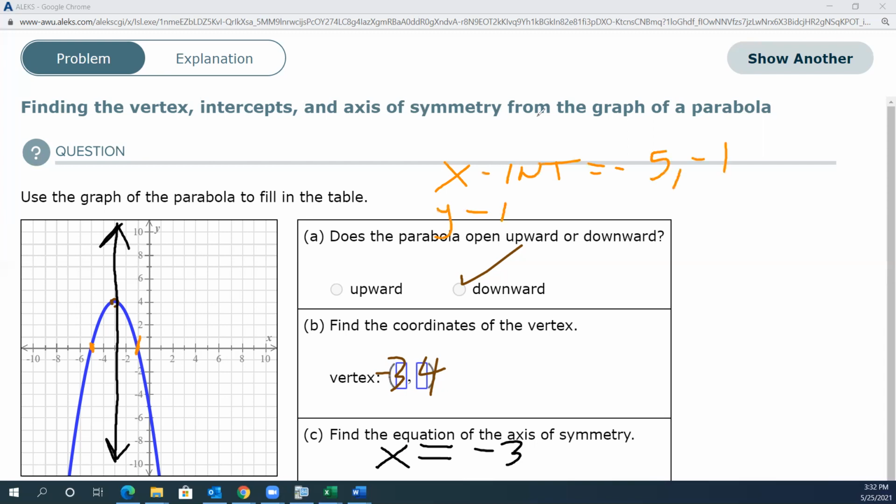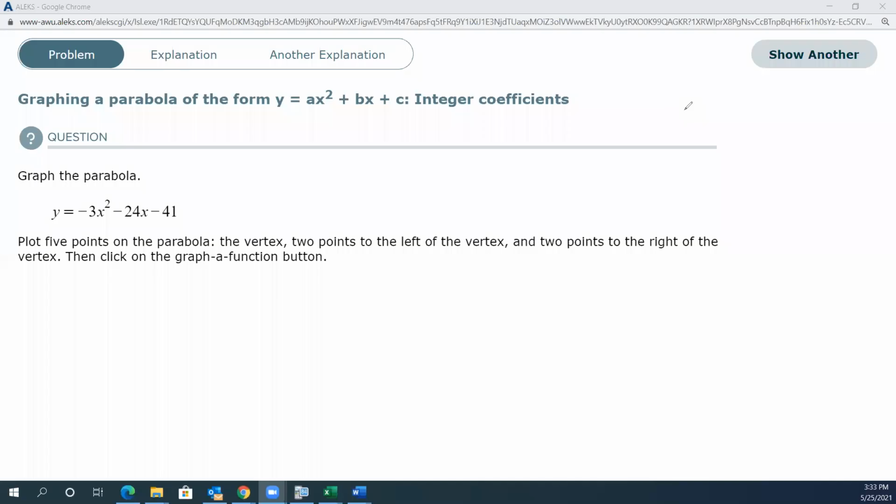Okay, what about the y-intercept? Because it always has a y-intercept. Well, it hits the y-axis also at -5. So that guy right there, that's going to be my y-intercept there in red. And that is how it's done.